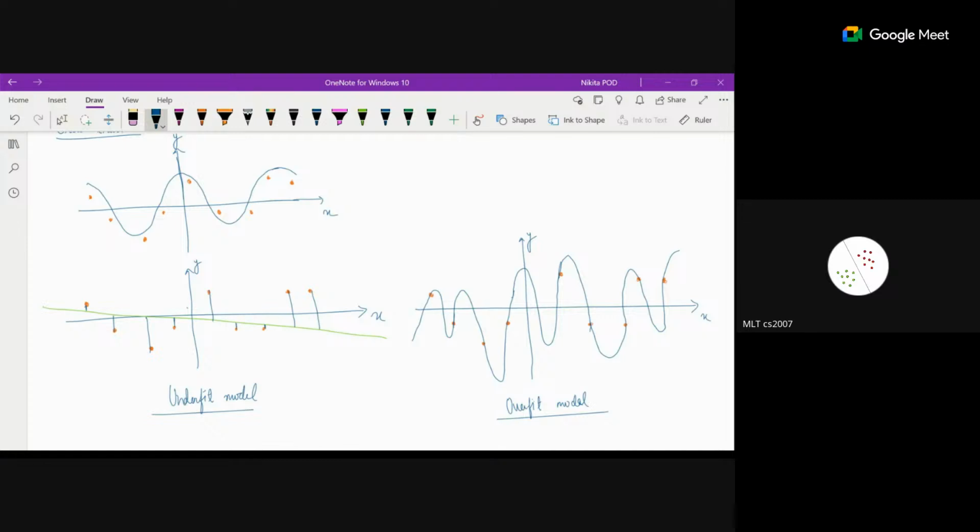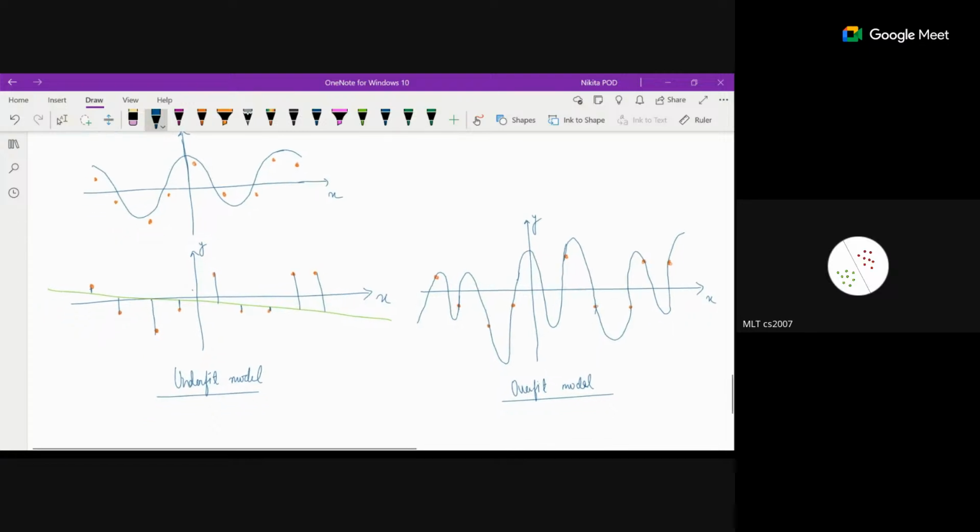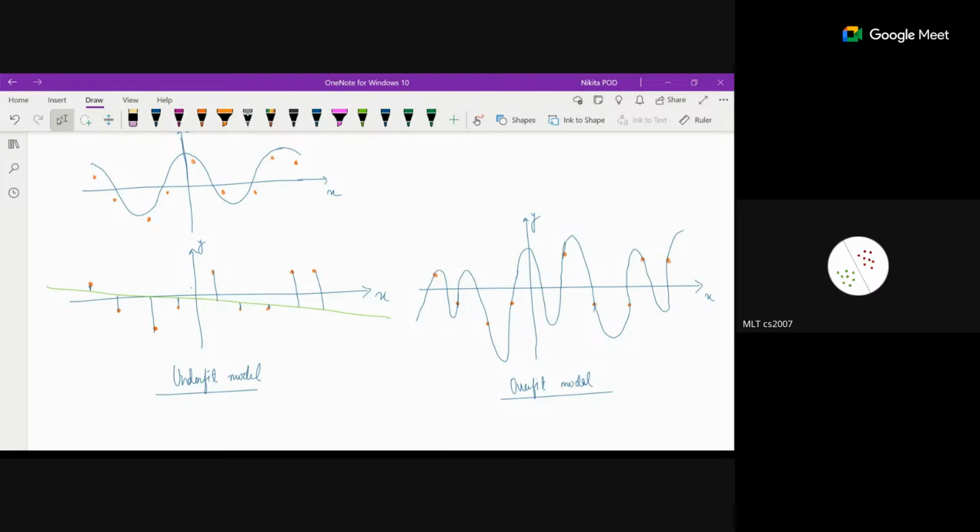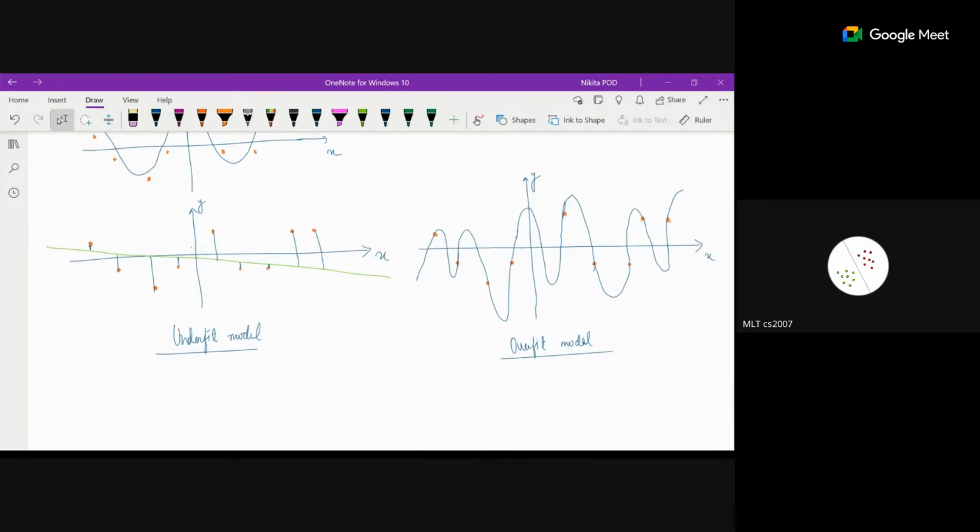Now, let's say you have an overfit model, for some data set that you observed, and you have formed this polynomial that you fit. Now, if I give you another set of data points, you will observe a different set of data points, and you will fit another model over here.